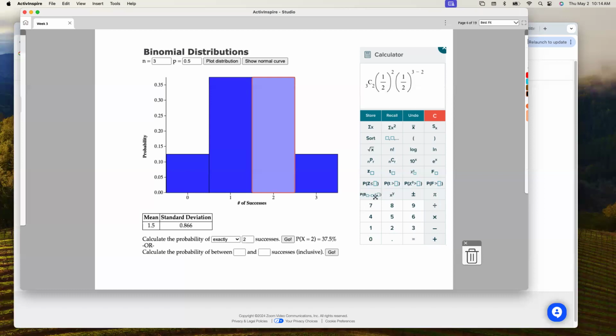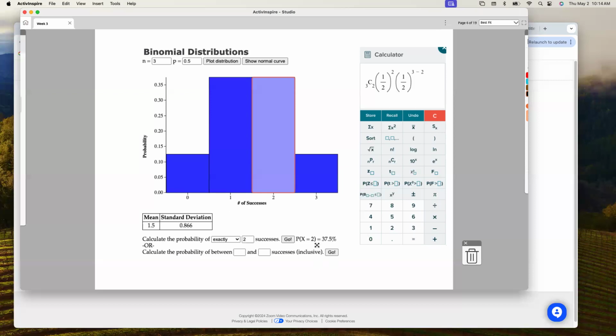There is a binomial calculator down here too. I believe all you have to do is click this button and put in the N and the P, and then type in the value that you're interested in getting less than or equal to. But we'll get into that a little bit later.